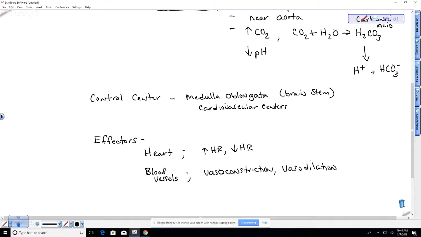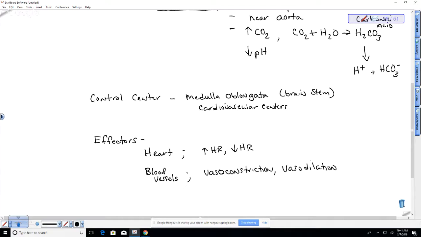What is going to happen to heart rate? If the pH of the blood drops and the chemoreceptors detect that, how's the medulla oblongata going to respond? Increase heart rate, right? So if you have a low pH, you increase the heart rate, and that's going to boost blood pressure. So in your exercise, you would predict that your blood pressure is going to go up, okay?